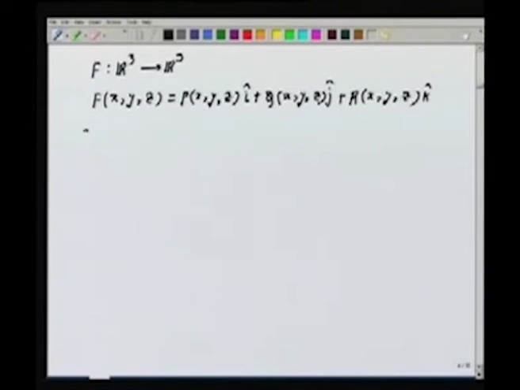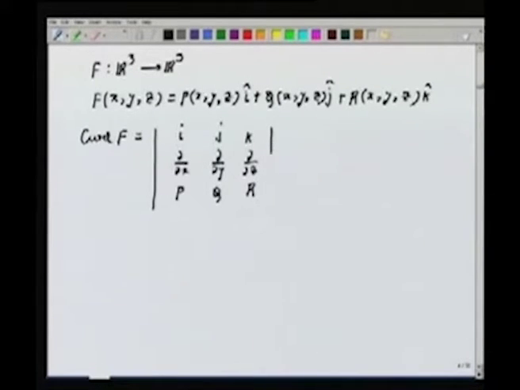In that case, curl f stands for this vector field, del x p i, del y q j, del z r k. This is called curl f. So now we know the general definition of curl.